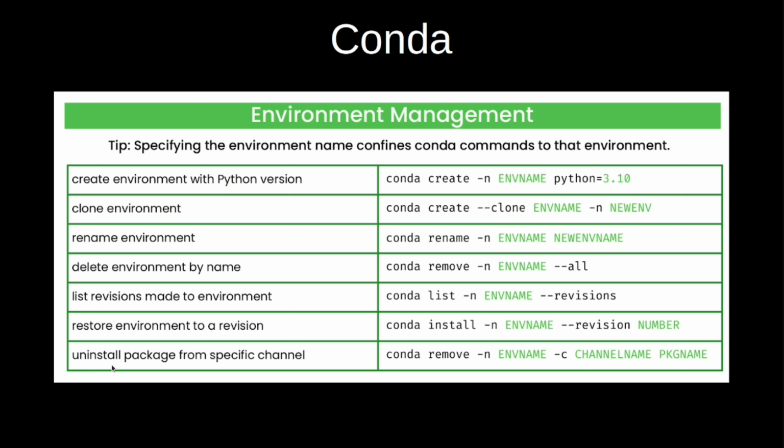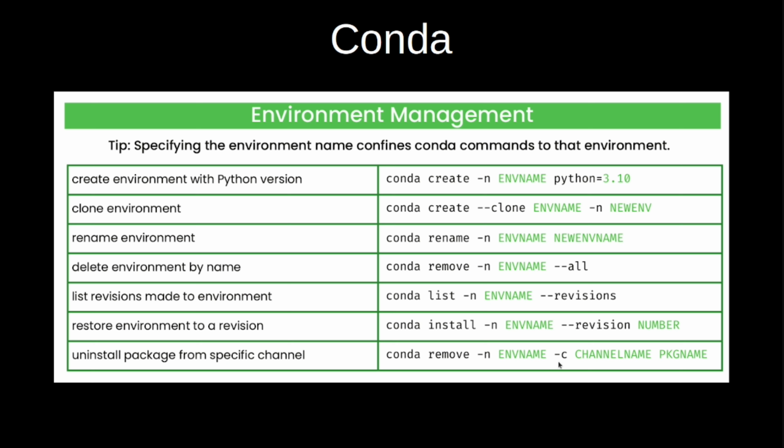And also we have this one to uninstall a package from a specific channel. For example, we have tried already to remove a specific package from a specific environment, either being at the activated state or at the deactivated state.